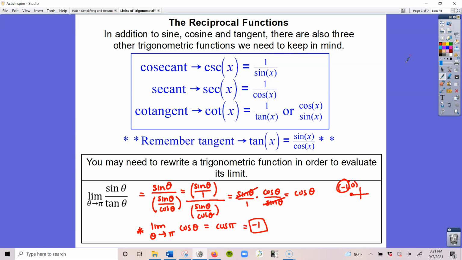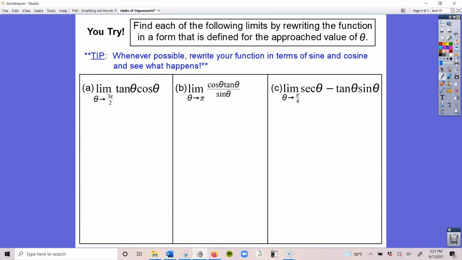Let's try a couple of those. For this first one, we have the limit as theta approaches 3 pi over 2 of tangent theta cosine theta. So again, we're going to first try to rewrite things in terms of sine and cosine and see what happens. Tangent is sine divided by cosine.